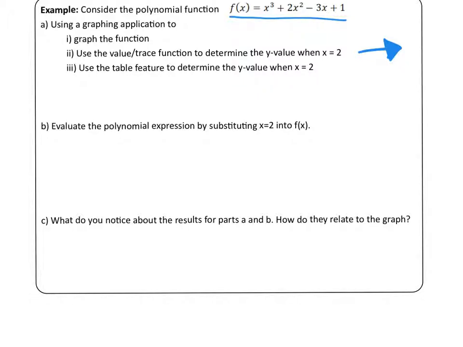The reason I'm showing you all three is because sometimes they don't give you the actual formula or the polynomial expression. They only give you the graph. So that's why I showed you how to do those. But in this case, they did give us the function.